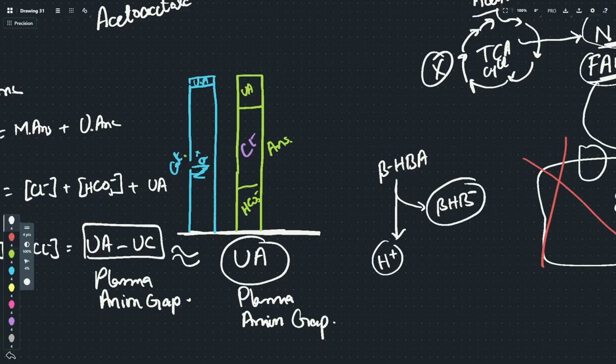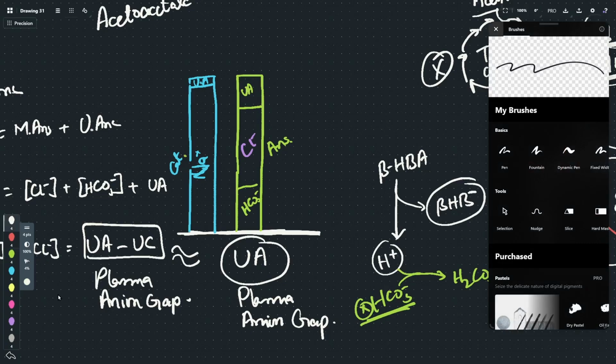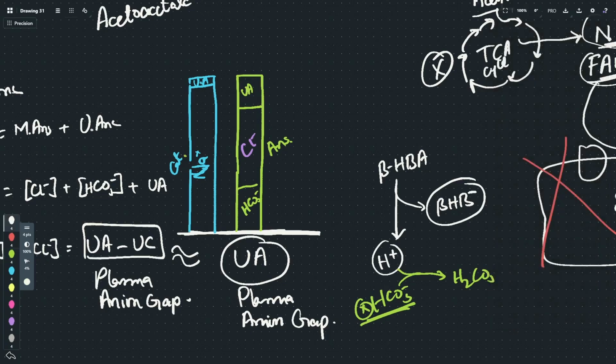Now this H positive will react with HCO3 and convert to H2CO3. It means it will consume the bicarbonate ion, so it will lower the bicarbonate level. Of course it will decrease the pH, that is very logical to understand.